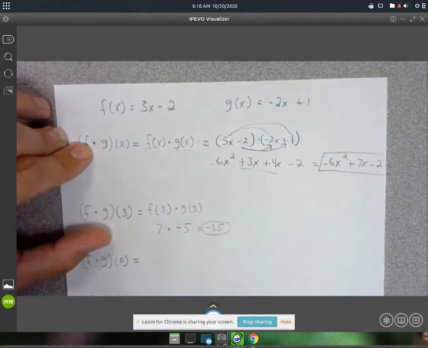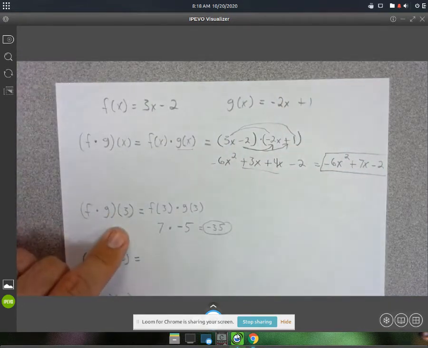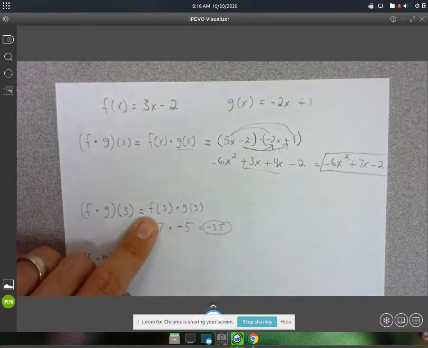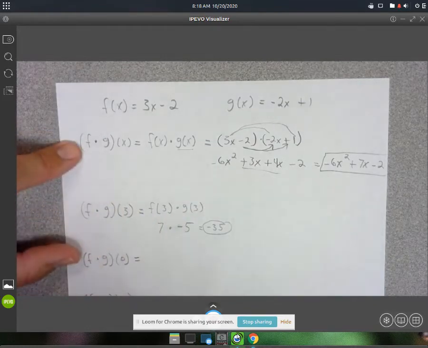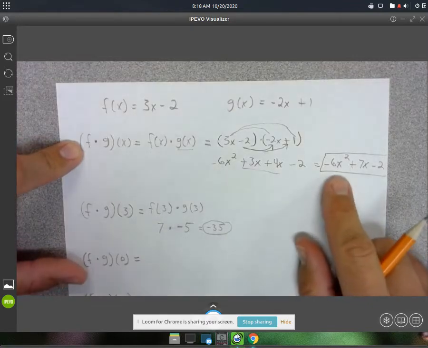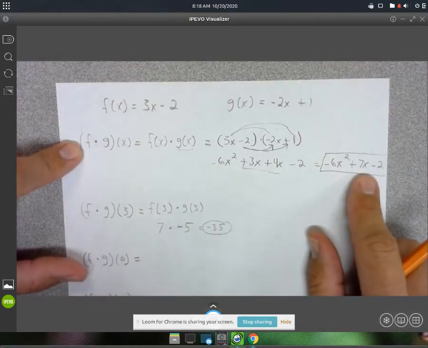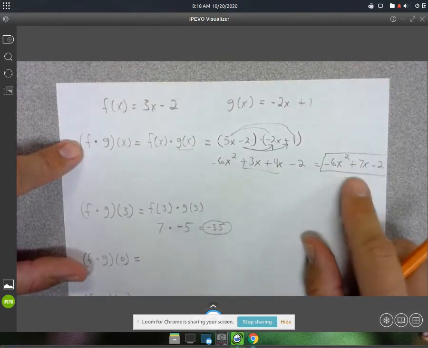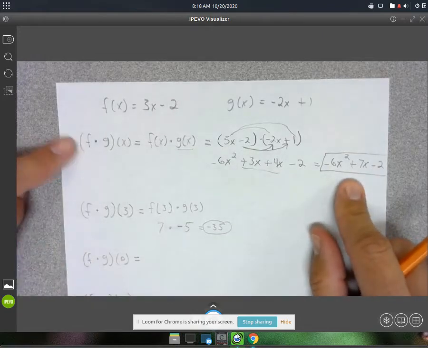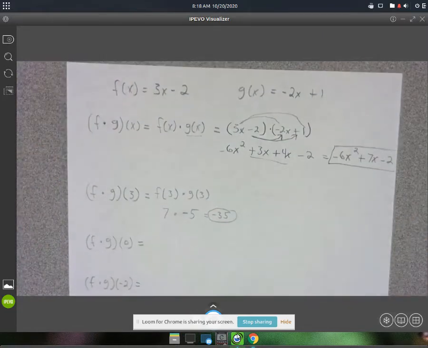All right. So instead of rewriting it like that, we could have used our f times g function and just plugged in 3 for x. All right. It works out the same. If you've got a calculator, this is probably faster. Let me show you here.